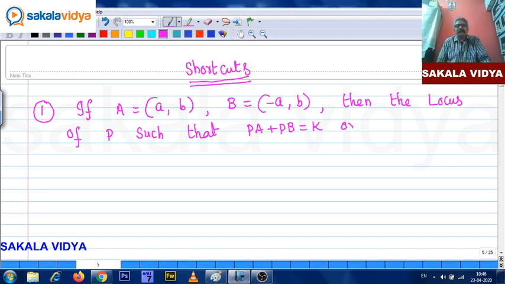Or even PA minus PB is equal to K. In both cases, no problem, same shortcut we can apply.